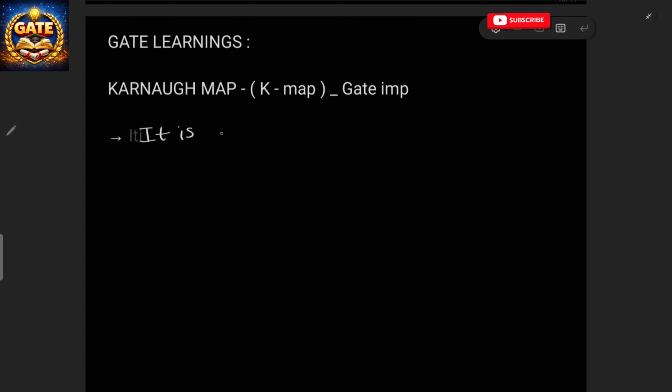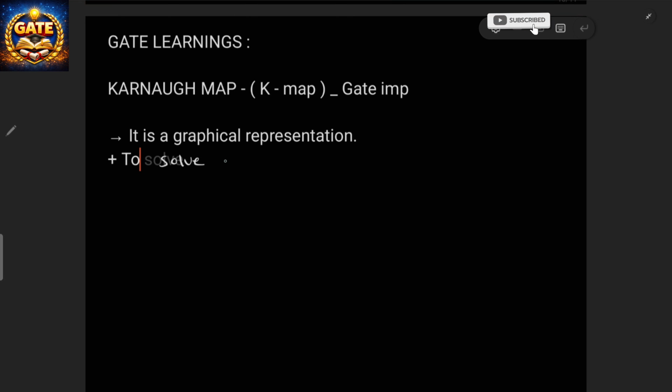It is a graphical representation to solve Boolean expressions.